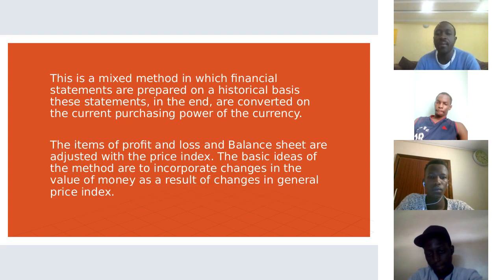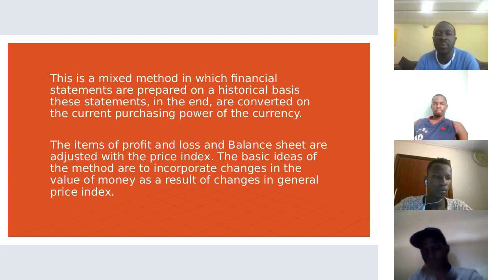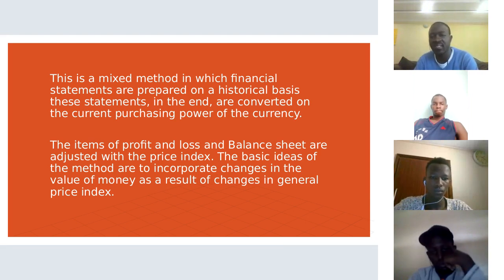Then you can also note that it is a mixture of methods in which the financial statements are prepared on historical basis. And these statements end up being adjusted based on the current purchasing power of the currency.